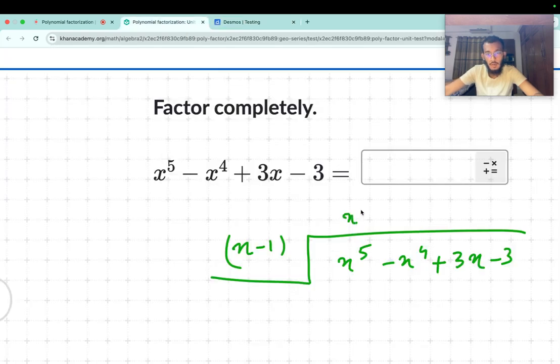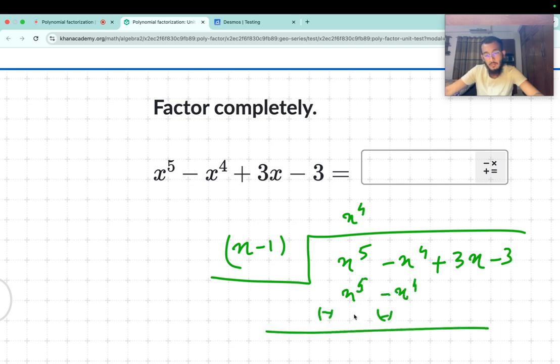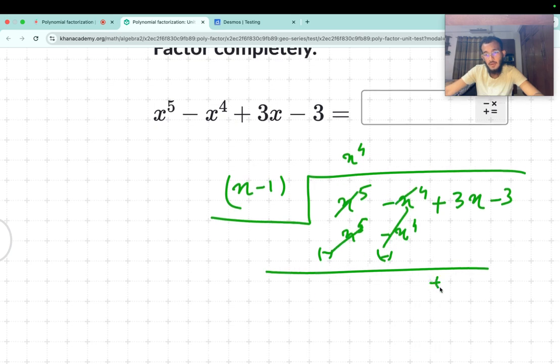So we write x to the power 4, so x to the power 4 times x is x to the power 5, negative x to the power 4. If we cancel this, this gets cancelled, we are left with positive 3x minus 3. We can write plus 3, so that gives us 3x minus 3 and a remainder of 0.